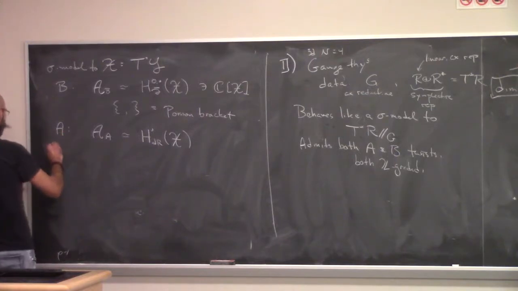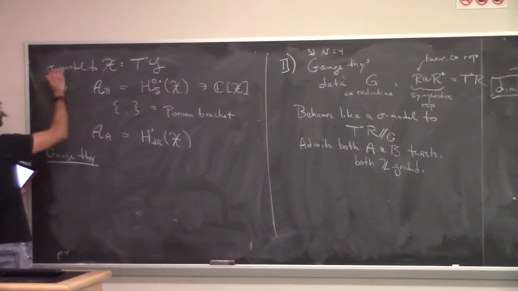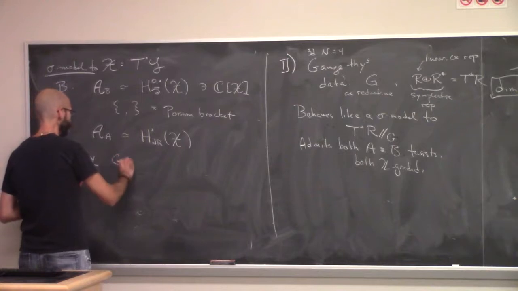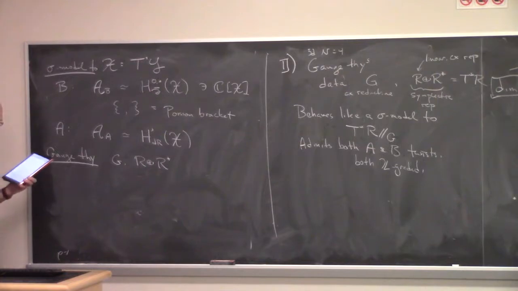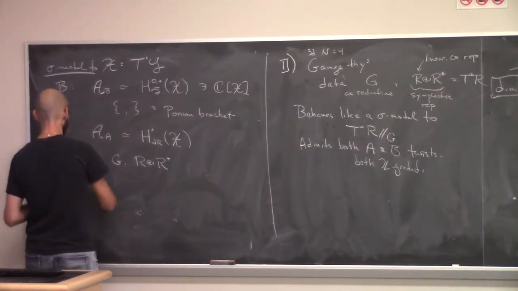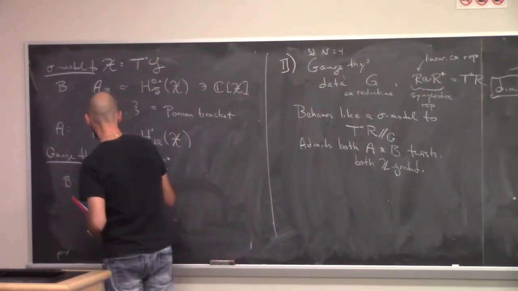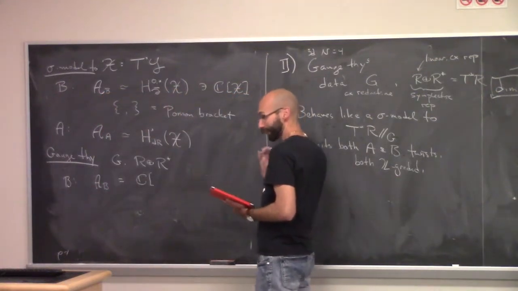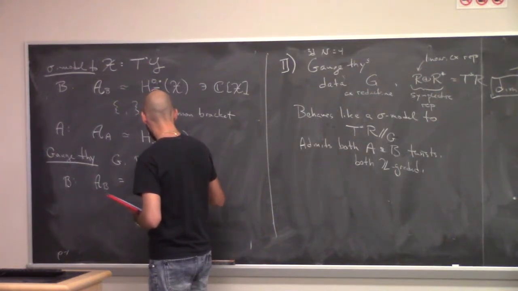In gauge theory, the B algebra already starts to get more interesting. So here we have a group G and some representation R plus R dual. In the B-twist, the most compact form to describe this is as functions on that derived stack. And maybe I should throw in a little shift.